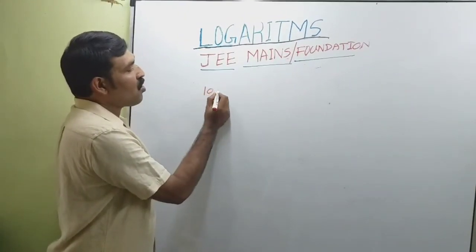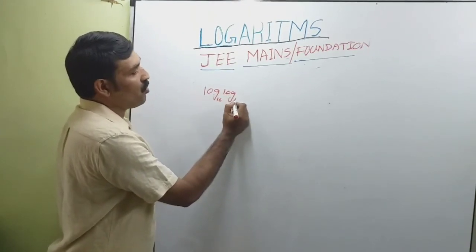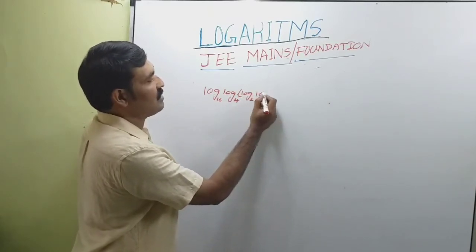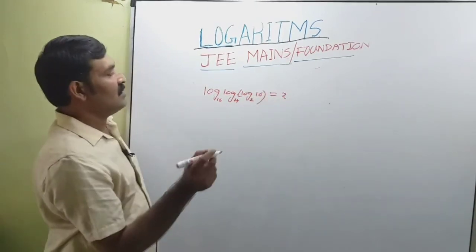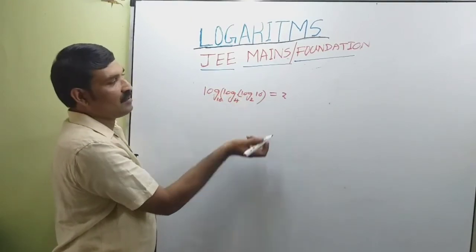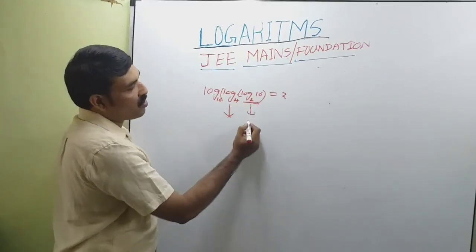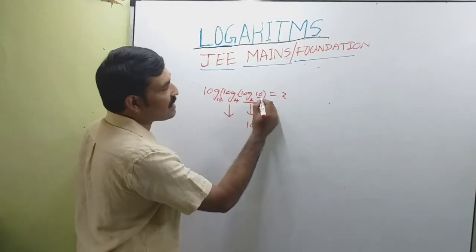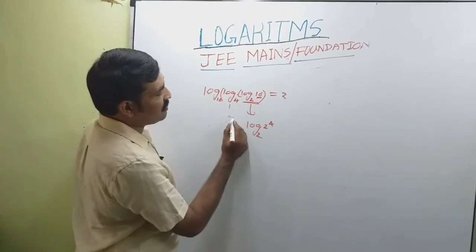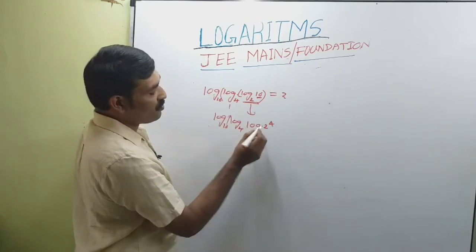Now, log base 16 of log base 4 of log base 2 of 16 is equal to the question. Here base 16 is outside, log base 4 is inside. You can write 16 as 2 raised to 4. So this is log base 16 of log base 4 of log base 2 of 2 raised to 4.